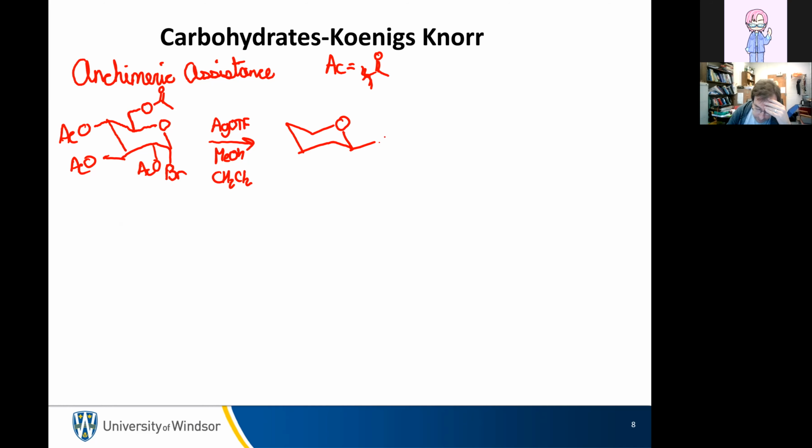So something different's happening here. Again, I'm going to use that comment. I didn't change anything at the reactive center. I changed stuff next to it, but I didn't change anything at the reactive center. So what's happening here is no change in mechanism. The mechanism is identical. Silver comes in. Bromine uses a lone pair to attack silver.